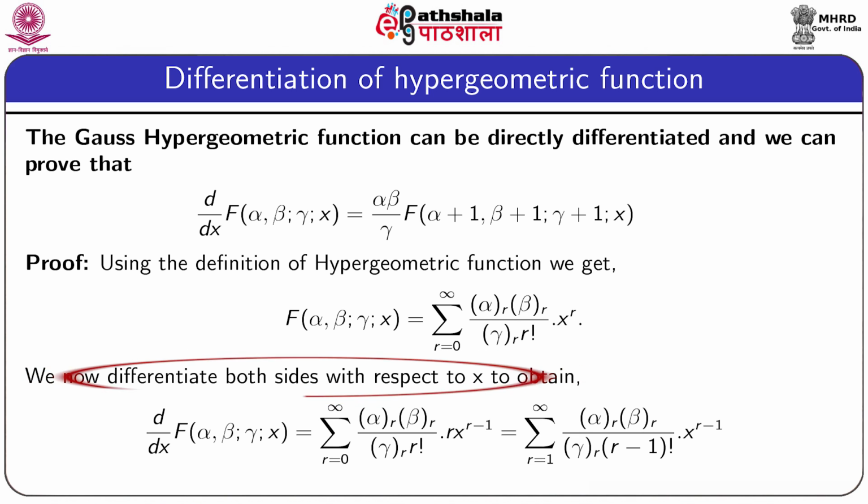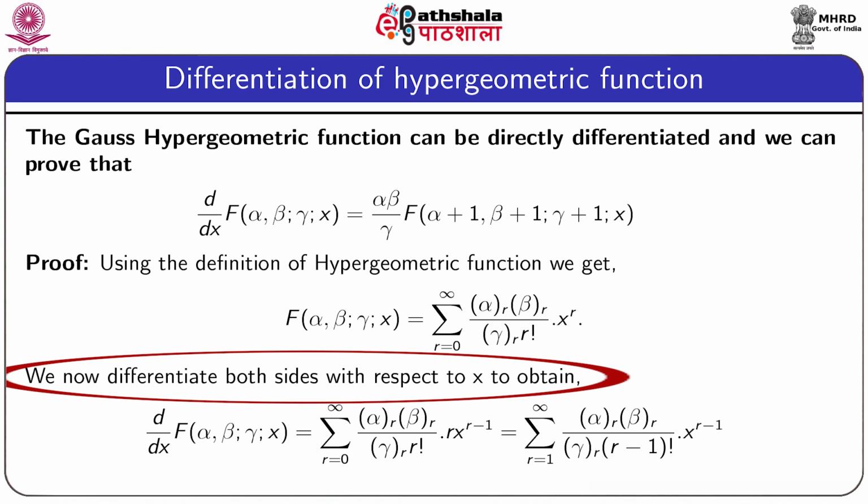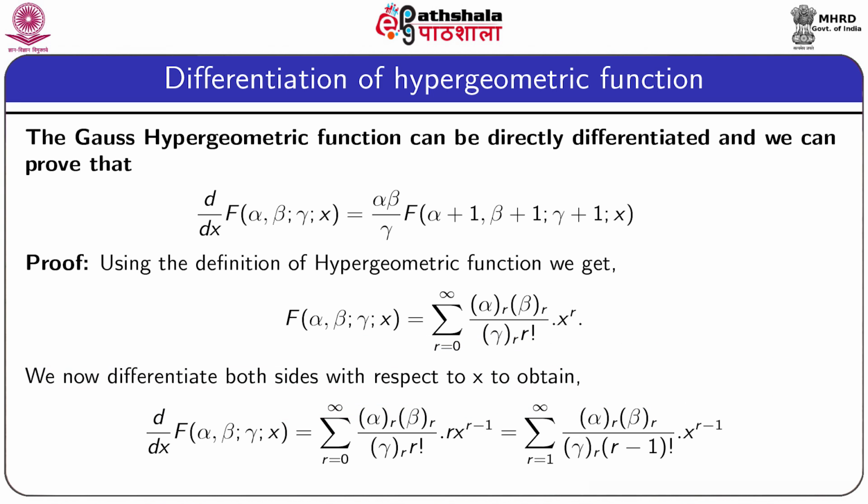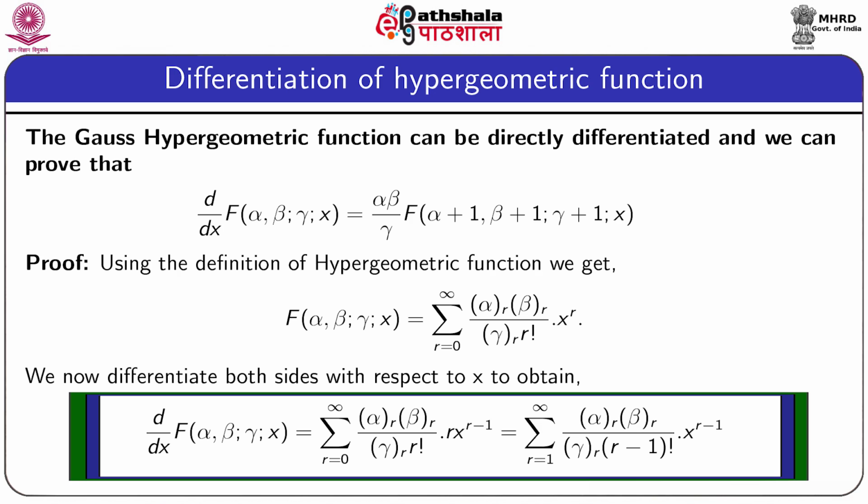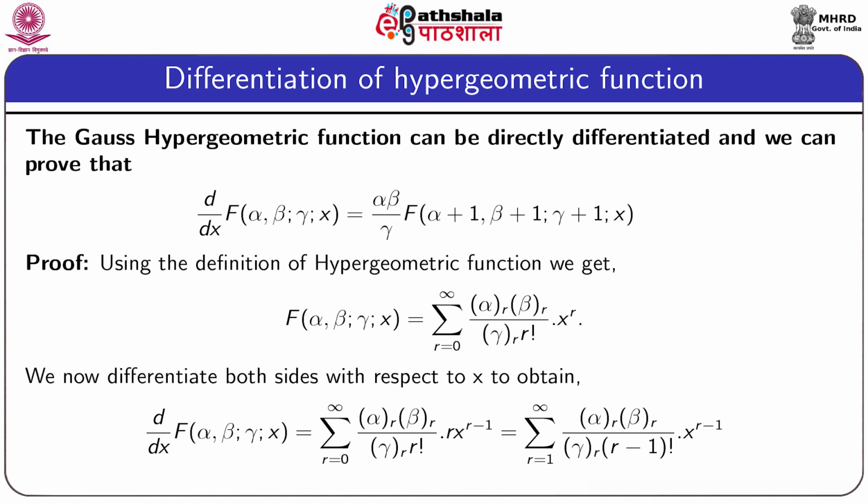We differentiate both sides with respect to x and we get d/dx of f is equal to summation r equal to 0 to infinity alpha r beta r divided by gamma r into r factorial r x to the power r minus 1, which is equal to summation r equal to 1 to infinity alpha r beta r divided by gamma r into r minus 1 factorial x to the power r minus 1.